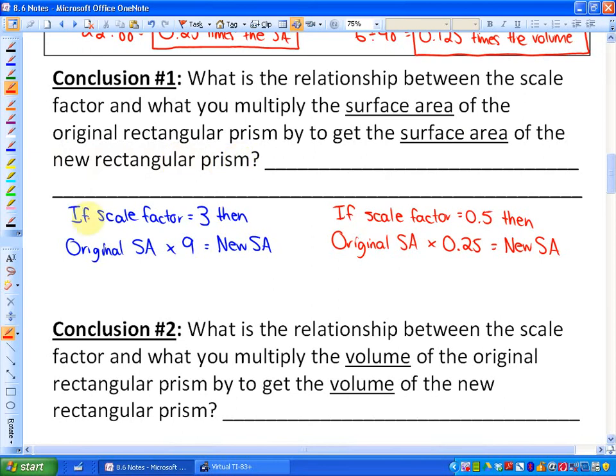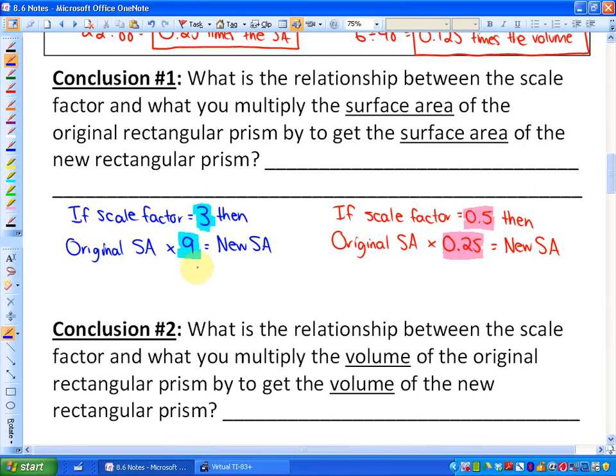Or in other words, what we found out is if we have a scale factor of 3, then the surface area is 9 times greater. Or if we have a scale factor of 0.5, then the surface area is 0.25 as large. So what's the relationship between 3 and 9 and 0.5 and 0.25? If we can get that relationship, then that would be useful.